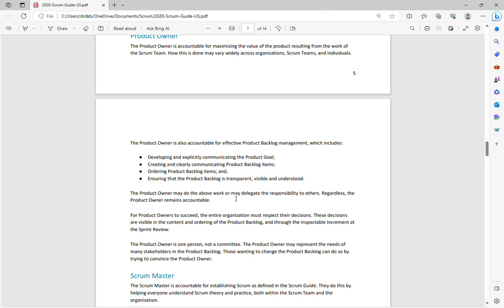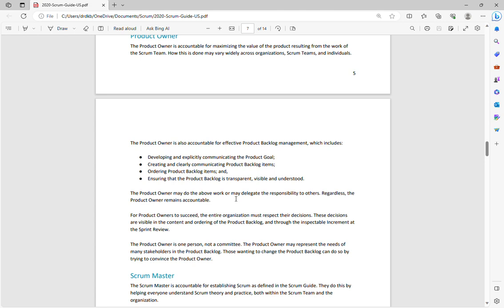So sometimes when the team becomes mature enough that they understand how to maintain the product backlog, how to deploy things and how to plan the release, in such cases it is okay that the product owner can delegate some of his responsibilities to the Scrum team itself.